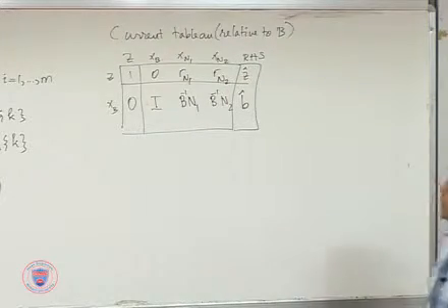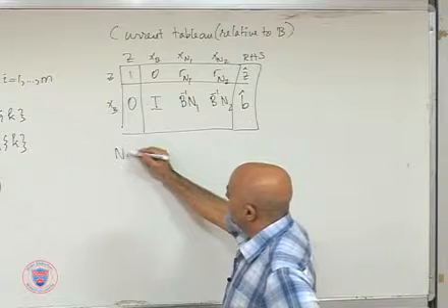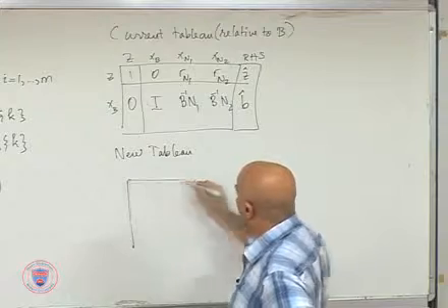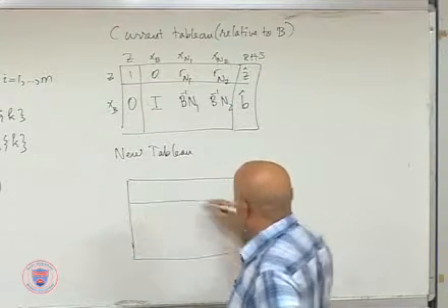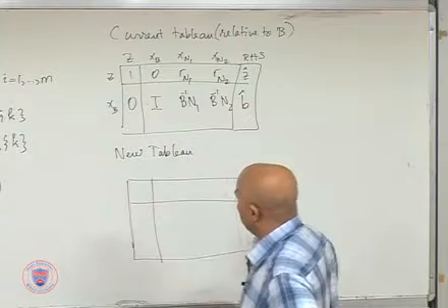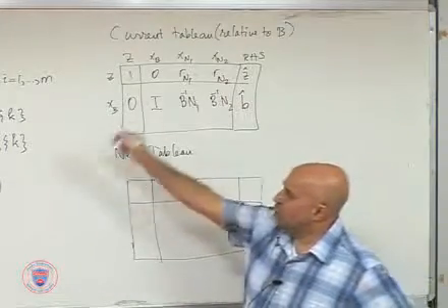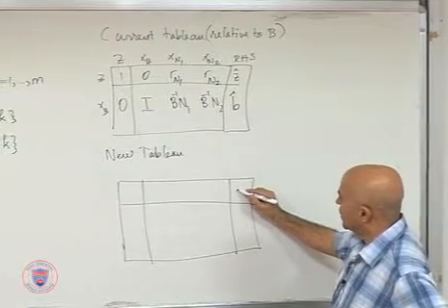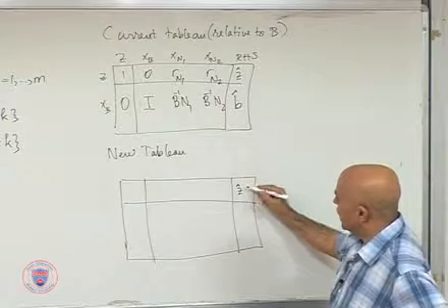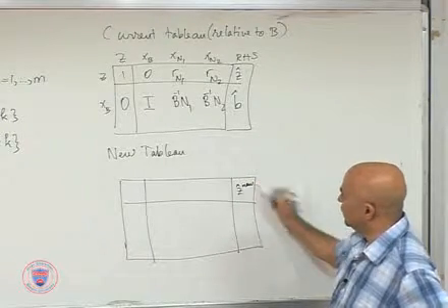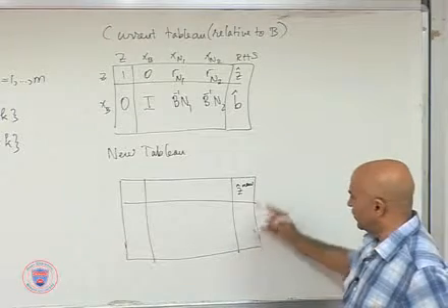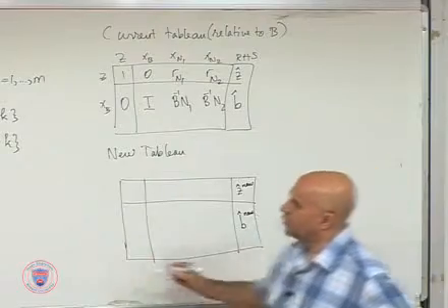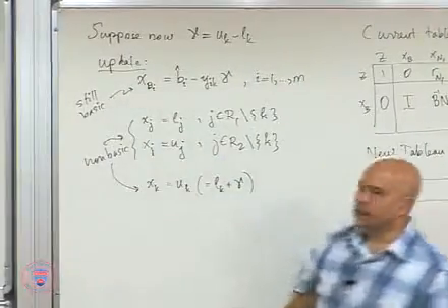Okay? And in the new tableau, we just saw how to update the right-hand side column. So the right-hand side column will be Z cap new, whatever the new value is. I did not tell you how it is, but we'll work it out. It will be B cap new now. The B cap new is as I defined in the updating.